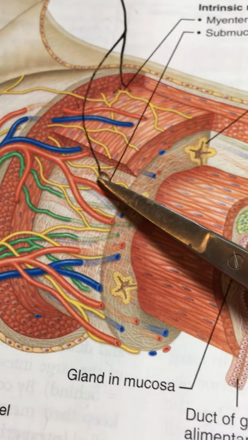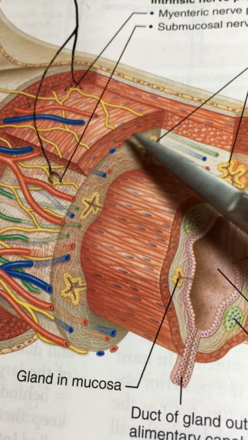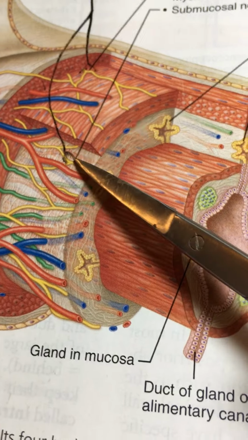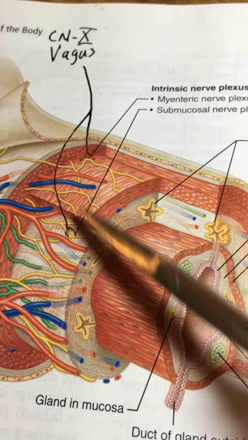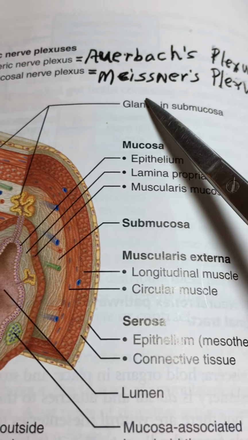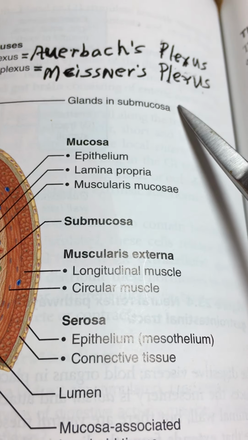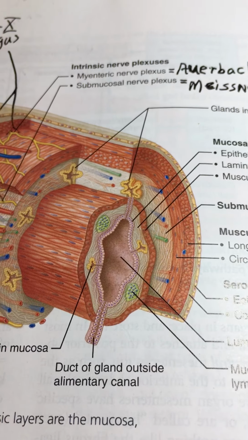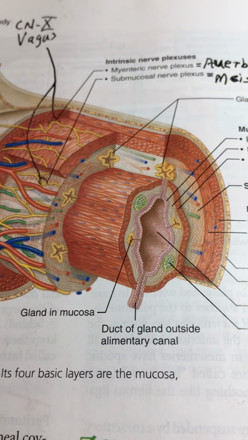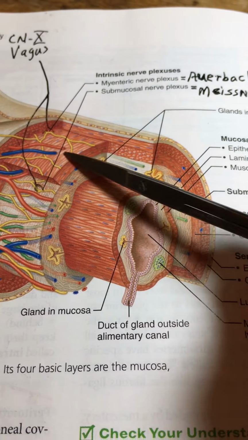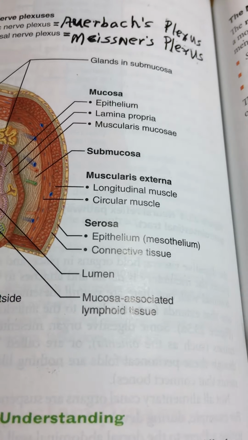This one here is going to be innervating this inner circular layer, and this one here, also innervated by vagus, is called Meissner's plexus. You can come back and take a look at that by rewinding this video. So that takes care of this outer muscularis layer.